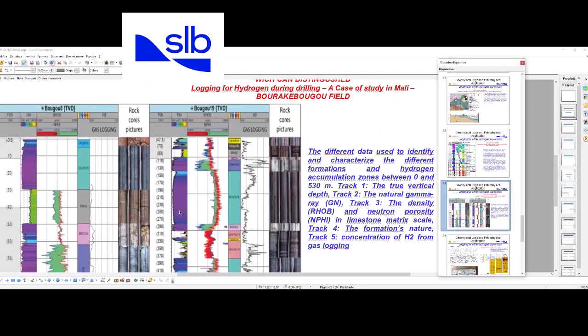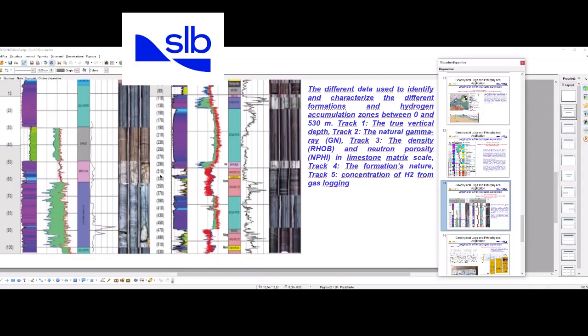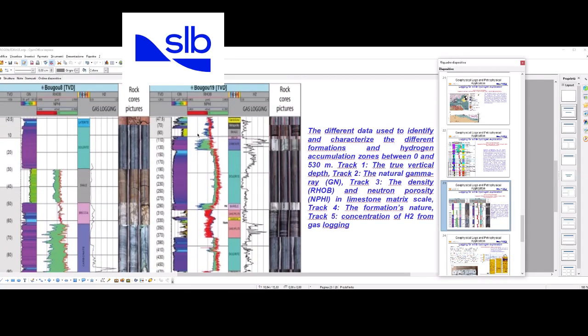We also have the picture of the gas log with core rock pictures in depth, so with all the formations drilled, different data used to identify and characterize the hydrogen and the different formations, the hydrogen accumulation zone between 0 and 530 meters.